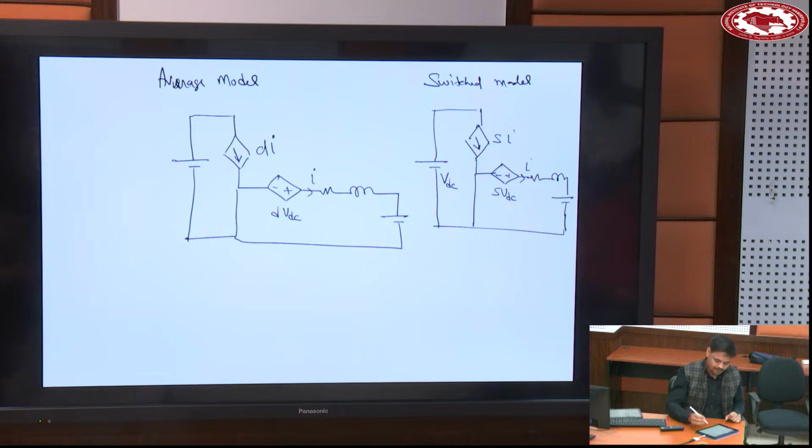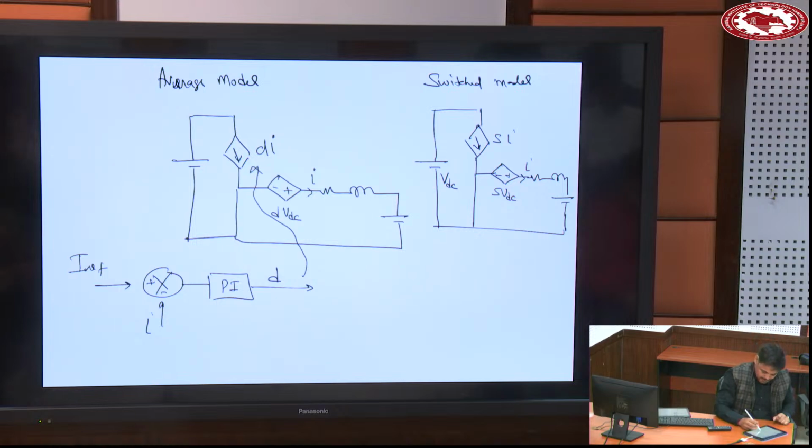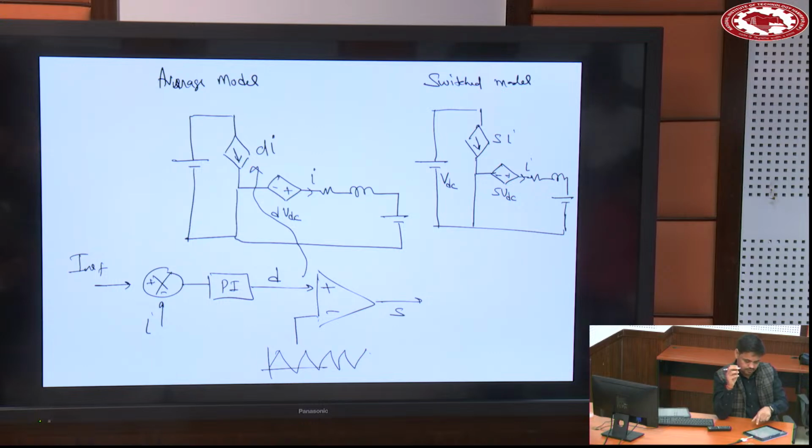The only difference is this: IREF and I, when passing through the PI controller, will give you D. So that is to be utilized here directly, and when it is passed through a carrier wave, then this switch S. So this becomes the system model, and if you are using only D, it becomes the average model.